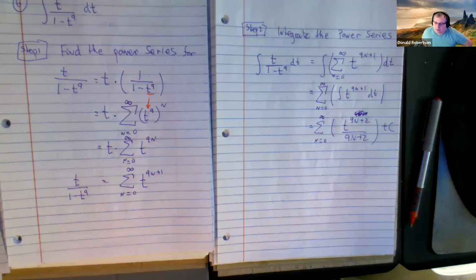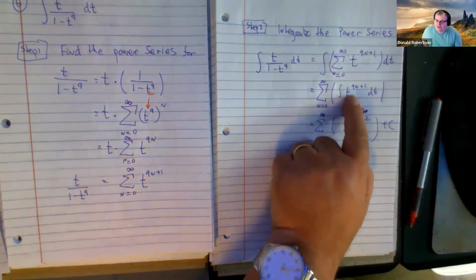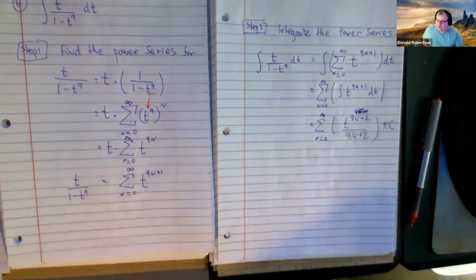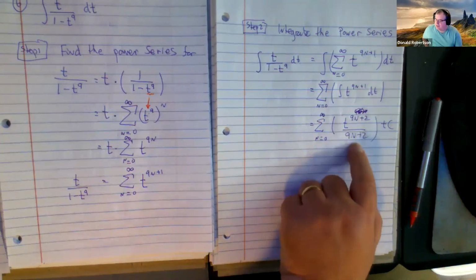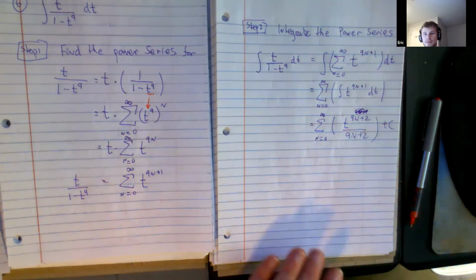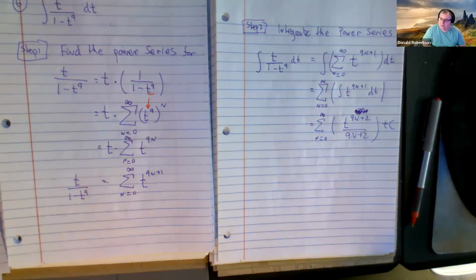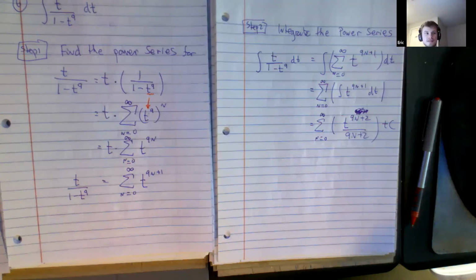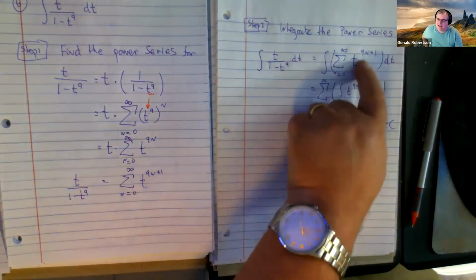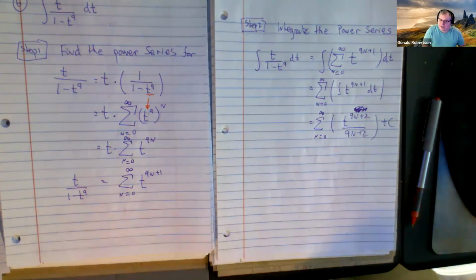I'm not sure where you're coming from. Oh, because of the 9n. No, that's just 9n plus 1 is basically a constant, right? It's just a number. So you add 1 to the number and then you divide by the new number, right? Oh, because you're not integrating with respect to n. No, that's why. I'm integrating with respect to t. Yes, that's the reason. Okay, gotcha. I mean, if we turned these all into x's, it'd probably be a little bit more familiar to you, right? But it is the same as the other ones we've done.